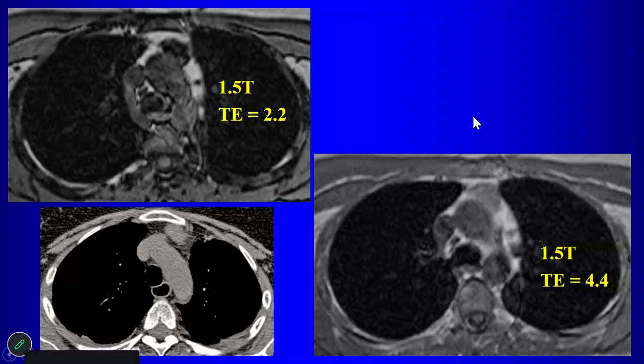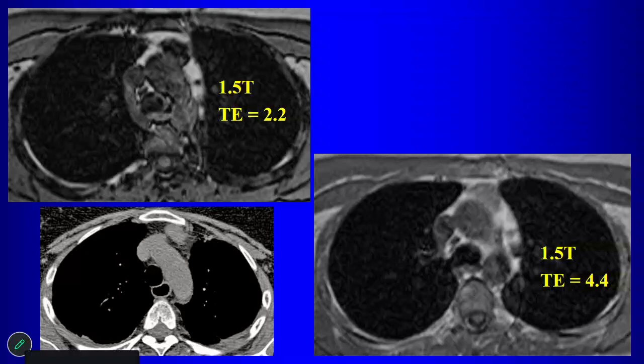So very similar to how you would evaluate adrenal lesions at 1.5 Tesla, you're in and out of phase every 2.2 milliseconds, okay? So what do we see regarding this lesion? Loss of signal. There's loss of signal here on the out of phase image, and how does that help you? What is your conclusion then from looking at this?